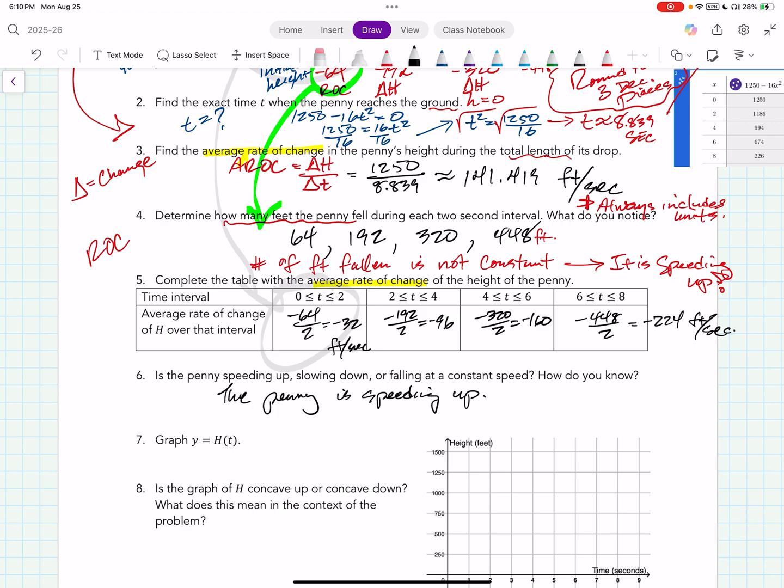The average rate of change is getting more negative, which means it's getting faster. Okay, by looking at it. Just look at the values here from negative 32, negative 96, negative 160. So we got negative rates because it's falling down as opposed to going up.